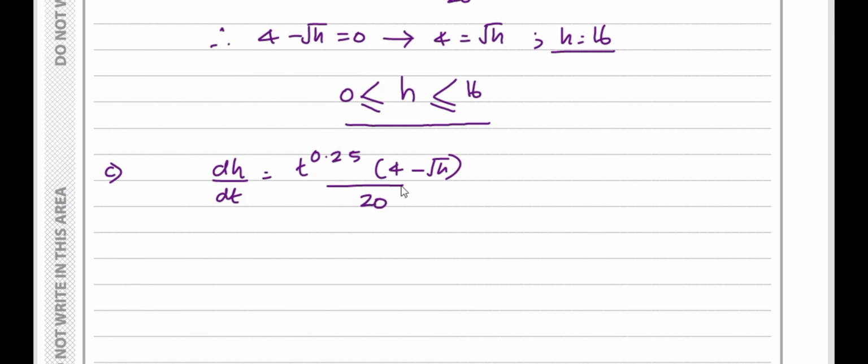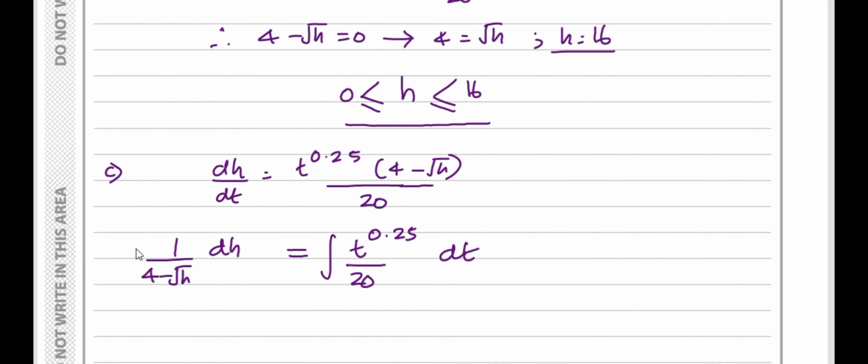In solving differential equations, the first thing that we need to do is to rearrange such that all the h terms go to one side, including the dh, and all the t terms, including the dt, go to the other side. So we can very easily write here 1 over 4 minus square root of h dh on the left hand side equals t to the power of 0.25 over 20 times dt.